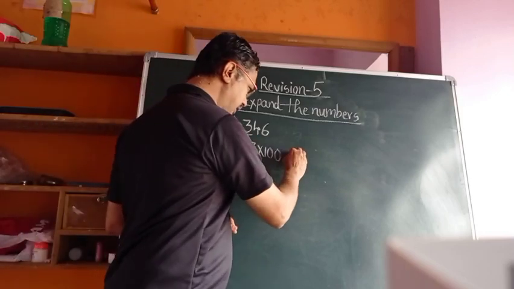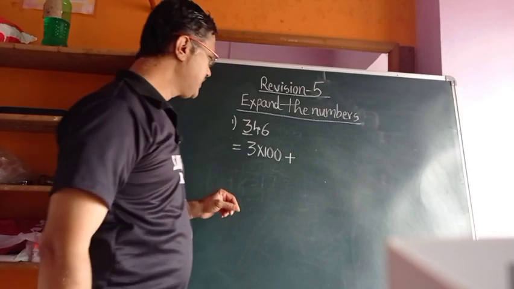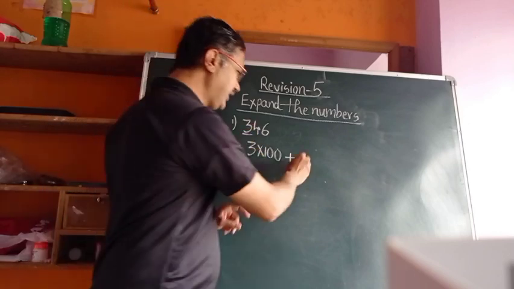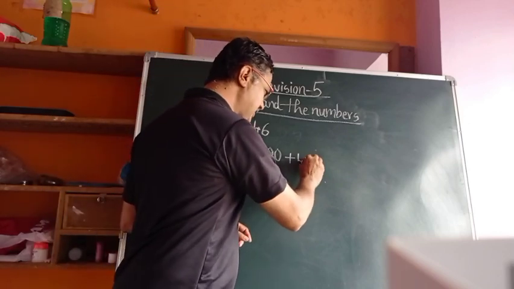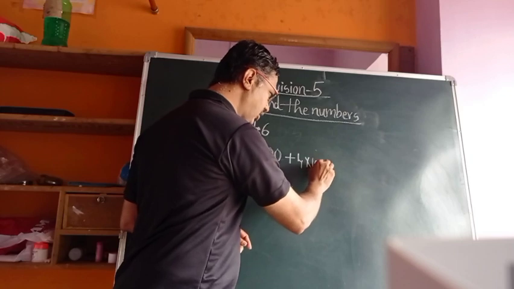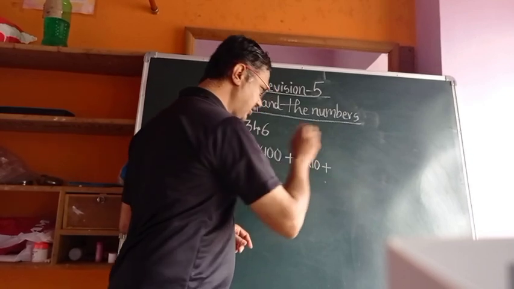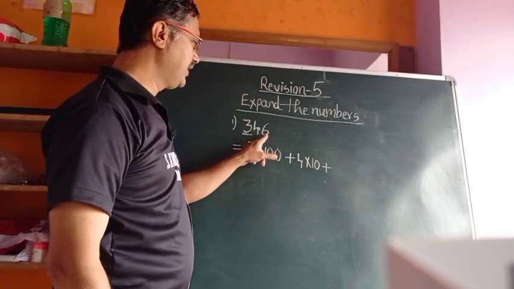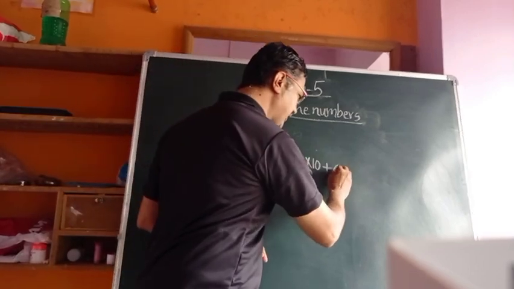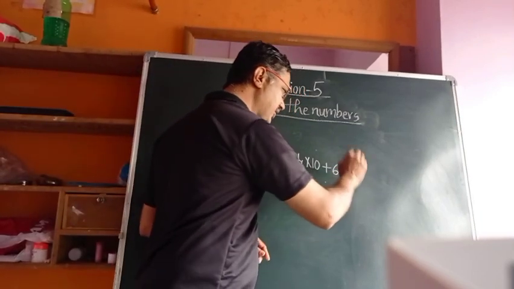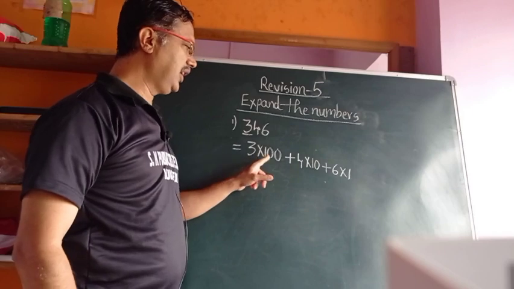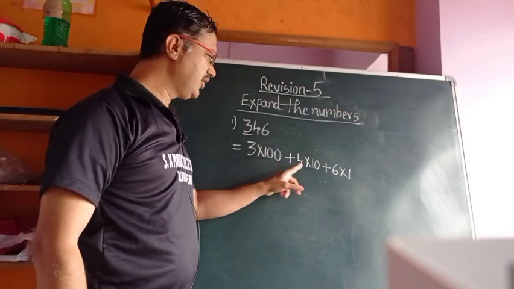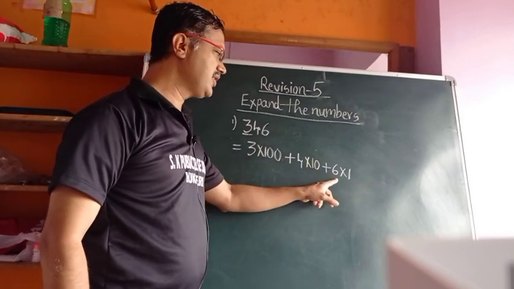That is 300, plus 4 tens, how many tens are here, 4 tens, plus 6 ones. 3 hundreds, 4 tens, 6 ones.